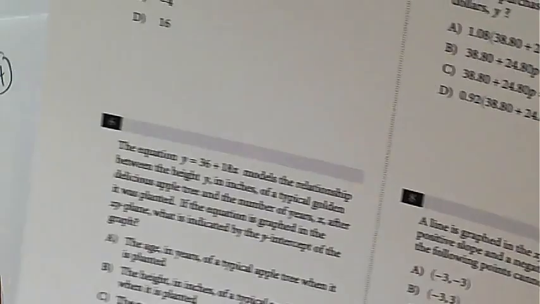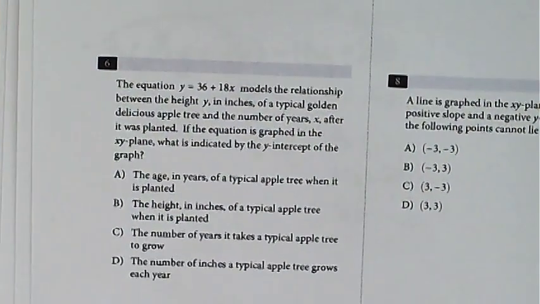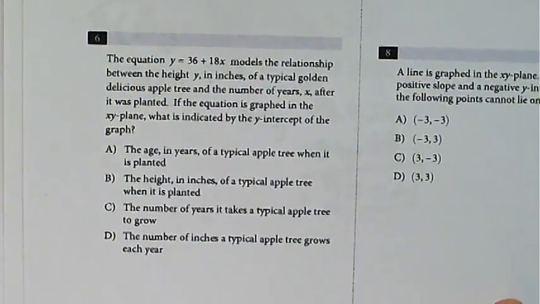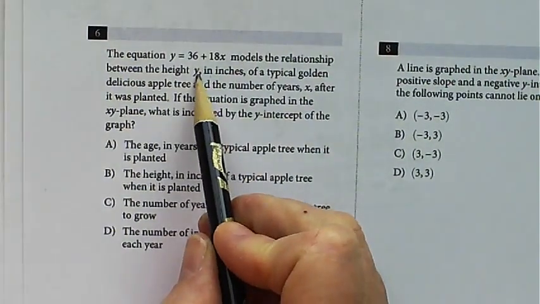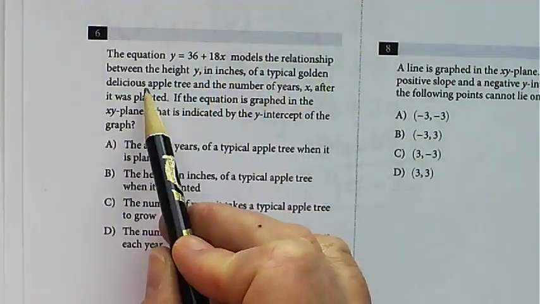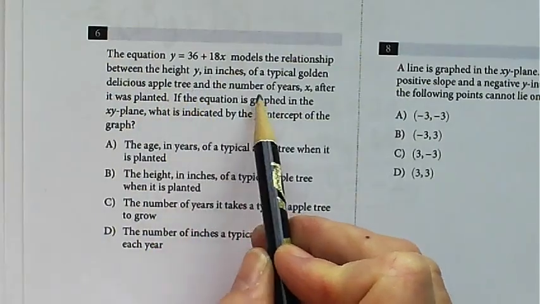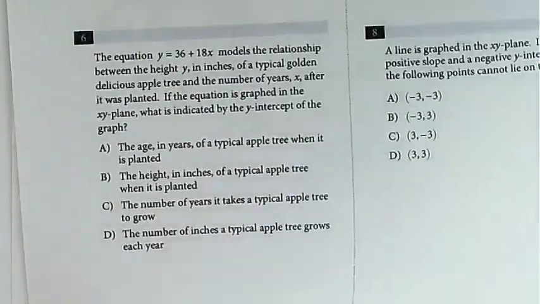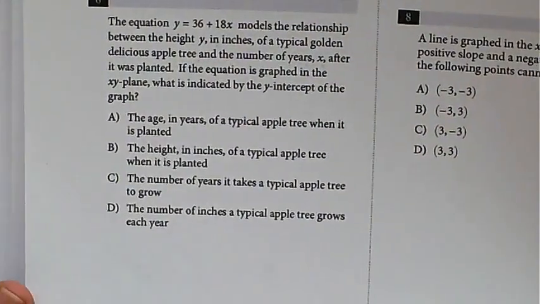Okay, for number 6, the equation y equals 36 plus 18x models the relationship between the height, y, in inches of a typical golden delicious apple tree, and the number of years x after it was planted. So a very typical linear problem.